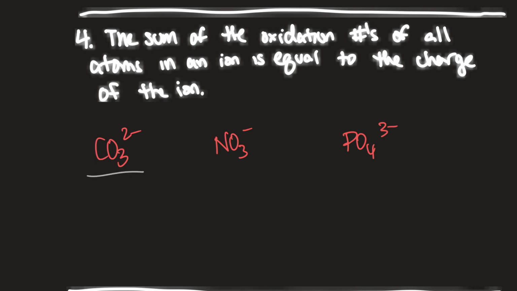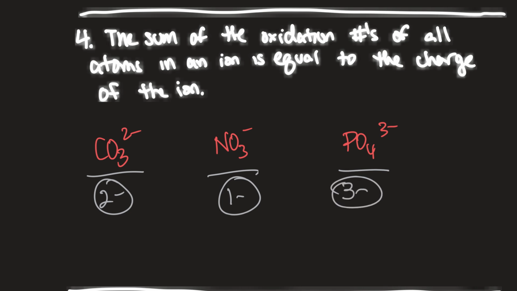Nitrate has an overall -1 charge, so its oxidation number is -1. Phosphate has an overall -3 charge, so its oxidation number is -3. So if you have a polyatomic ion, whatever the charge of the ion is, that's the oxidation number of the overall compound.